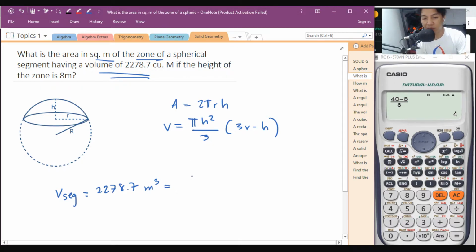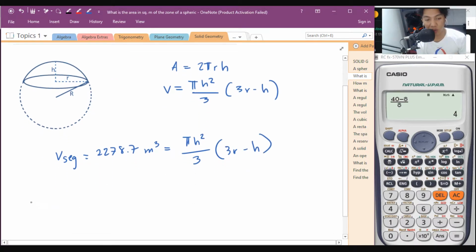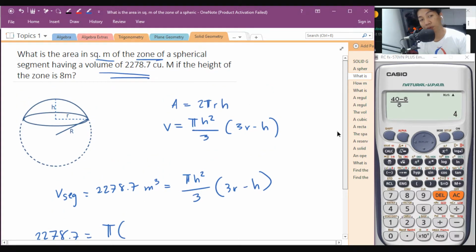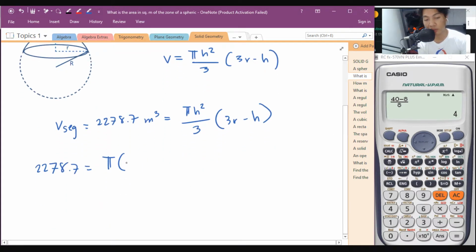O, binigyan ka ng formula, pi h squared over 3 multiplied to 3r minus h. Yung h mo, meron binigay dyan. O, masasolve mo na. So, 2278.7 equal to pi. Yung h mo dyan is 8 meters squared over 3 multiplied to 3r minus h is 8 meters. What will be the answer? O cross-multiply ko muna. 3 times 2278.7.